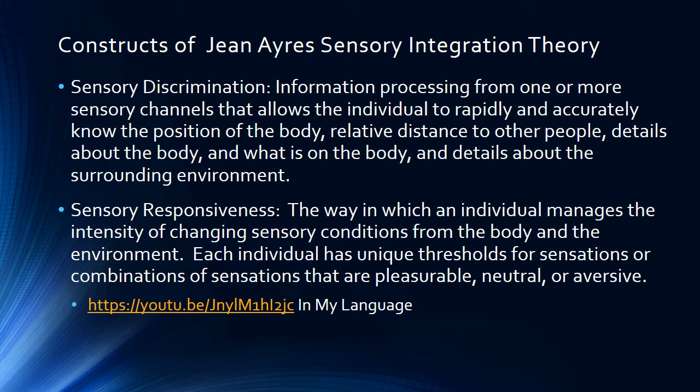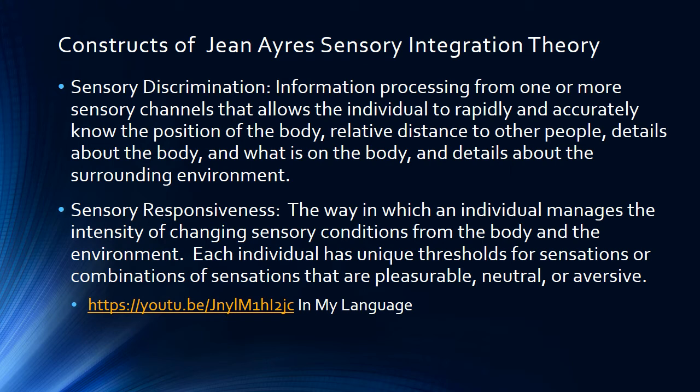So sensory discrimination is the information processing from one or more sensory channels that allows us to rapidly and accurately know the position of the body, our relative distance to other people, details about our body, what's on our body, and details about the surrounding environment. Okay, so we have to be able to discriminate and sense everything that's coming into us so that we know where we are and what's happening around us.